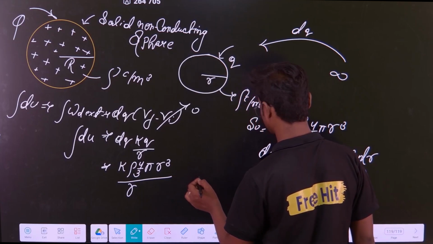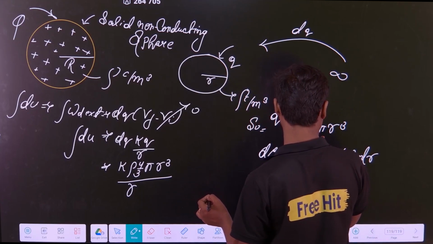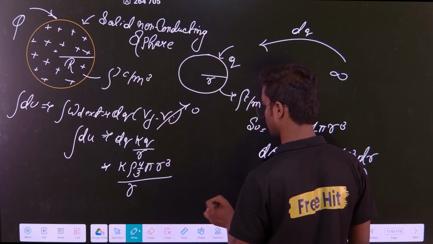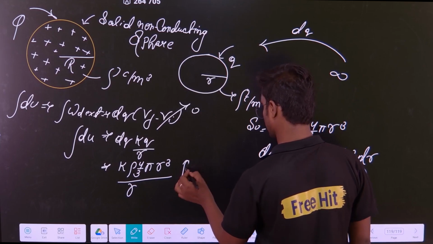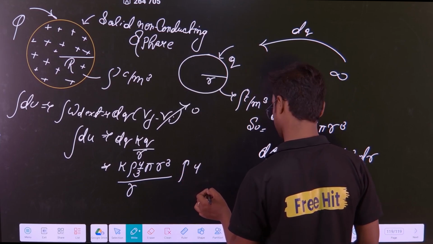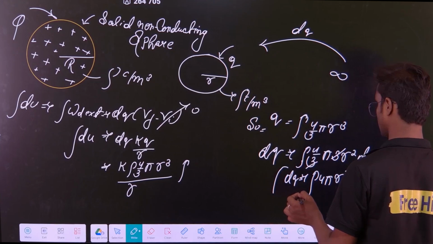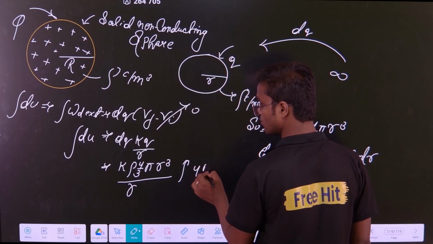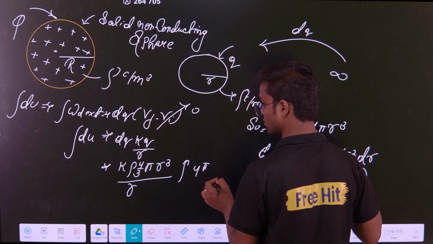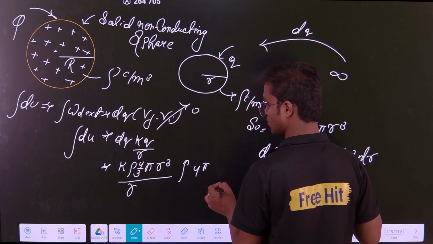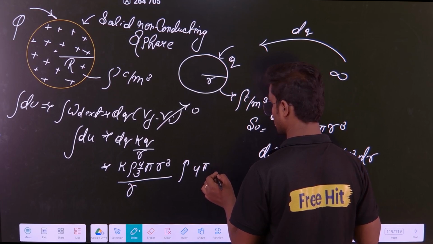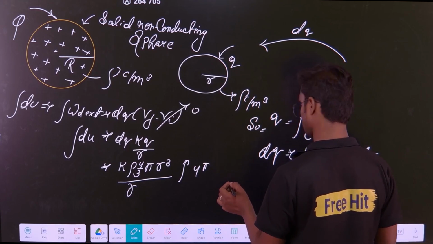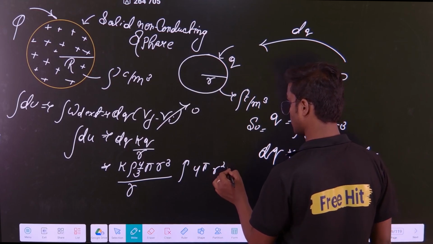What is the dq value? That is rho 4 pi r square dr.